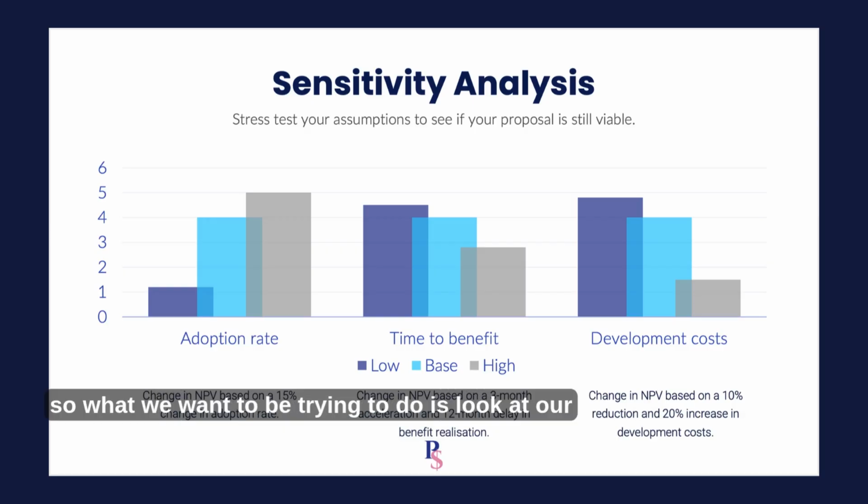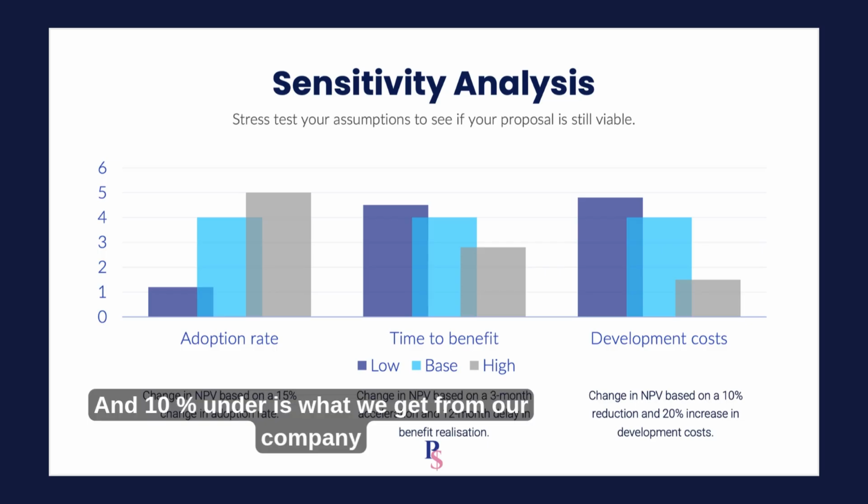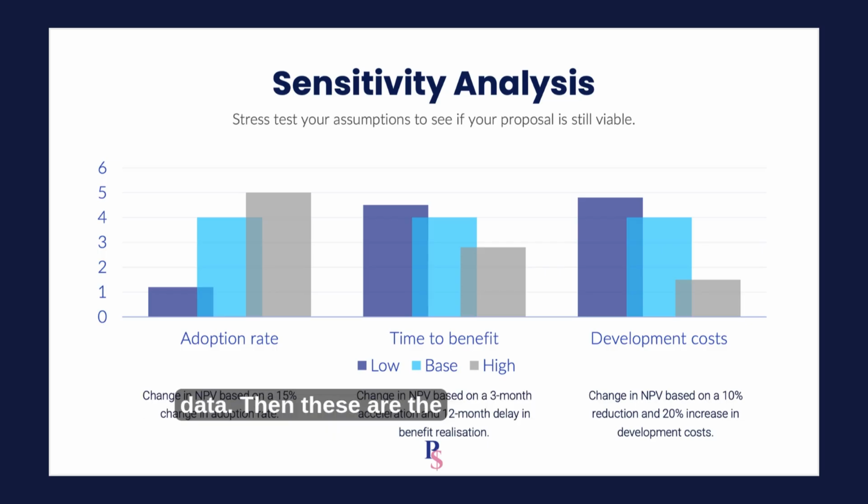So what we want to be trying to do is look at our past data, our past experience. How good are we at delivering? If we can be 20% over and 10% under is what we get from our company data, then these are the rates that we can use within our sensitivity analysis.